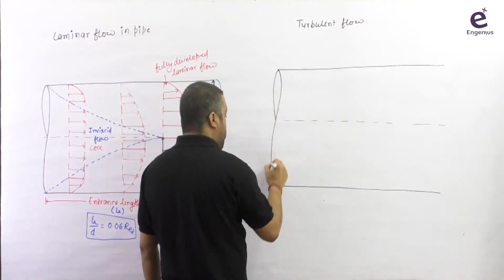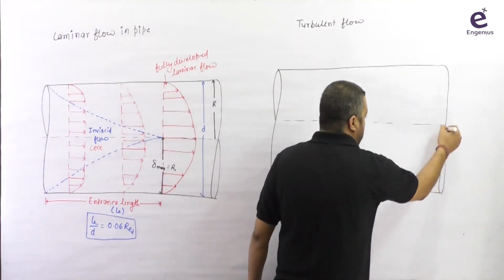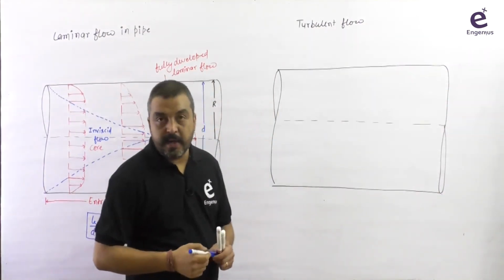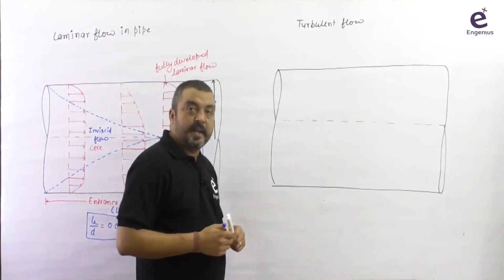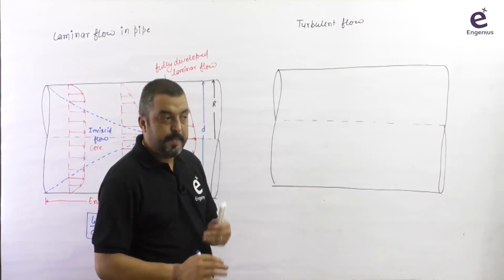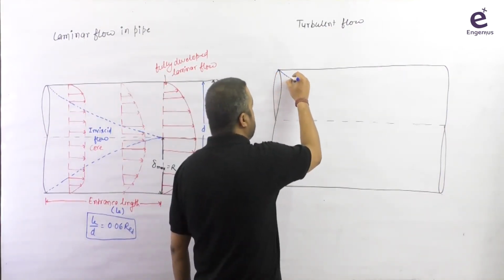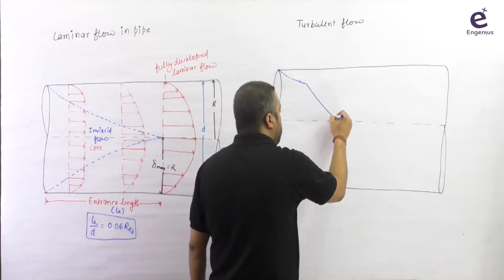I am defining the section of the pipe here. Again in this case, initially when the fluid enters here, it first behaves like laminar flow, but suddenly the structure of the flow is going to convert into turbulent flow. So there is a development like this, then there is a transition zone, and suddenly it will switch over here like this.